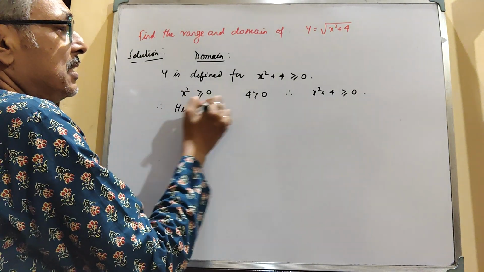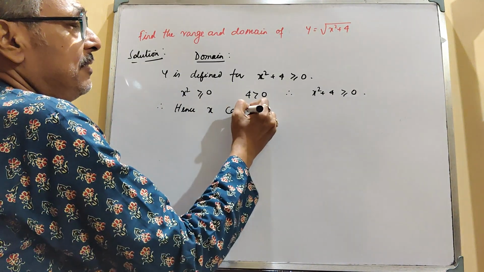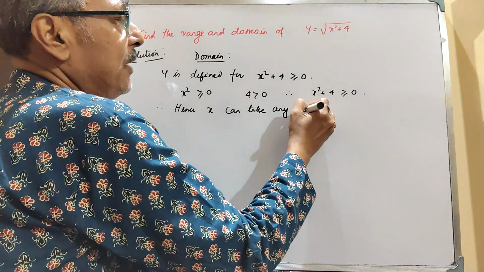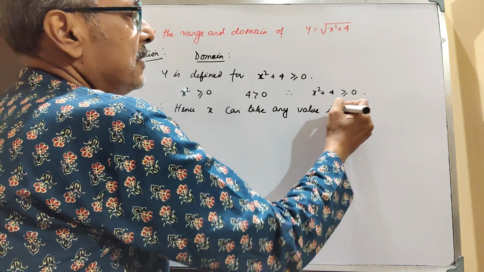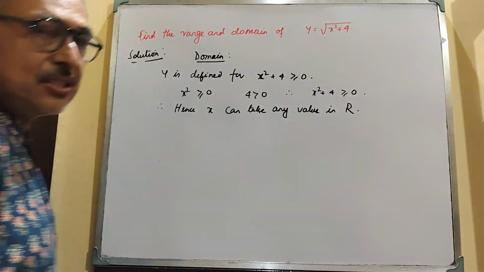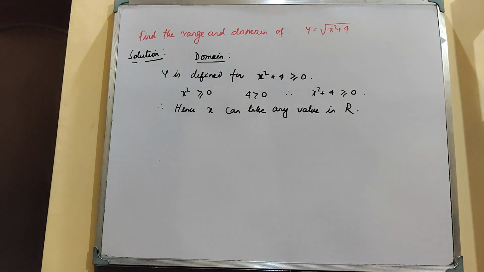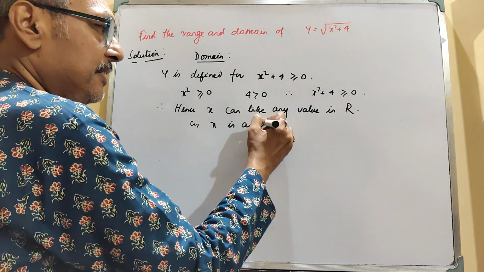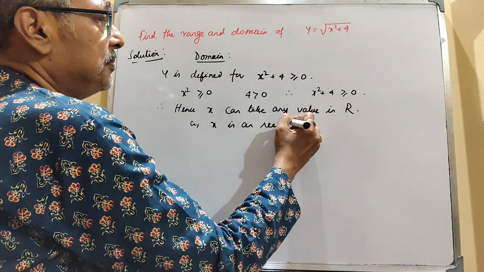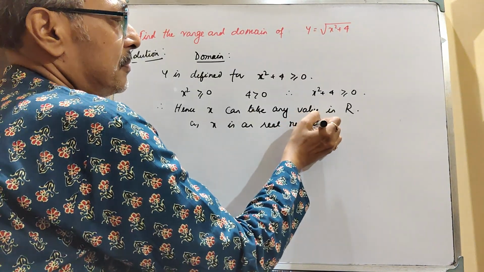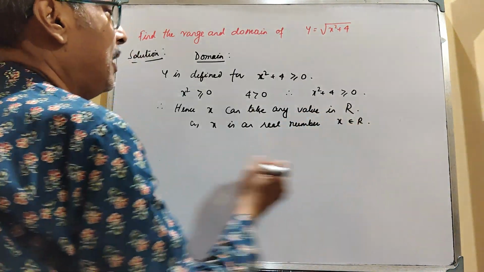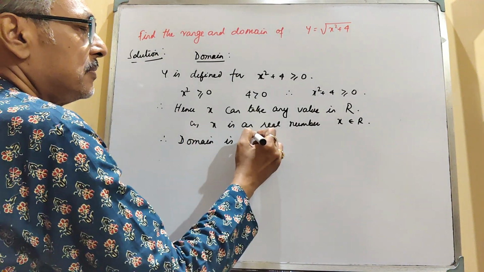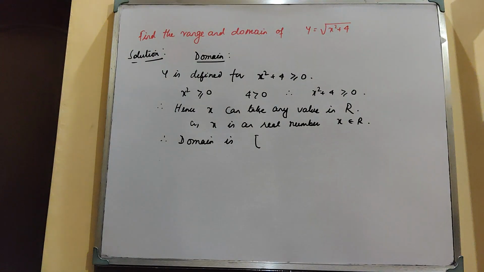Hence, x can take any value in R. R stands for real number. x is a real number, that is, x belongs to R. Therefore, the domain is all real numbers.